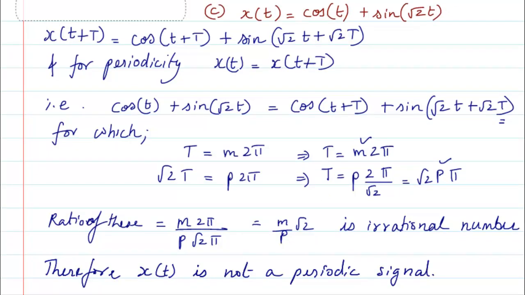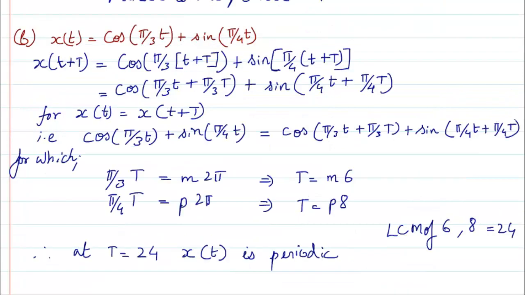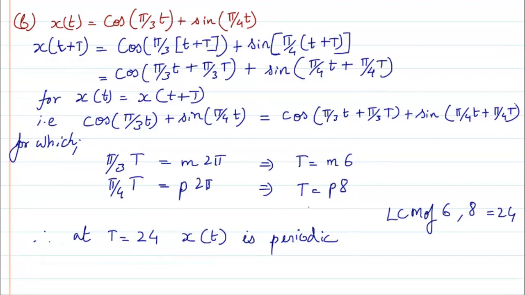If you look at this ratio for the previous problem that we did, here if you would try to take the ratio of these, m6 and p8, we can see that basically this will give us 3 and 4, and still if m is an integer, m into 3 will be also an integer, and p is an integer, so p into 4 is also going to be an integer.